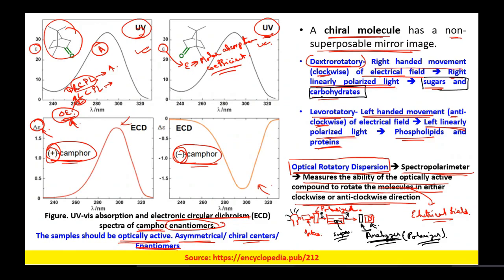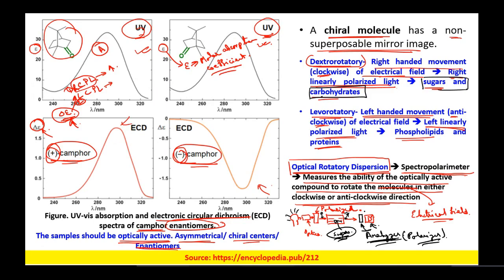Okay. So what is happening? When the polarizer orientation of this analyzer becomes parallel to the orientation of the light beam which is passing through, then if you have to move it towards your right, it is a dextrorotatory movement, and you can say that your sample provided in the cuvette is a dextrorotatory sample.